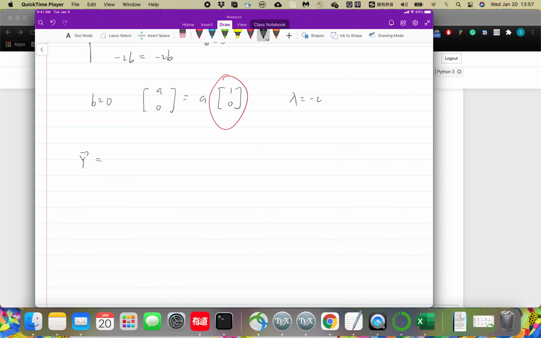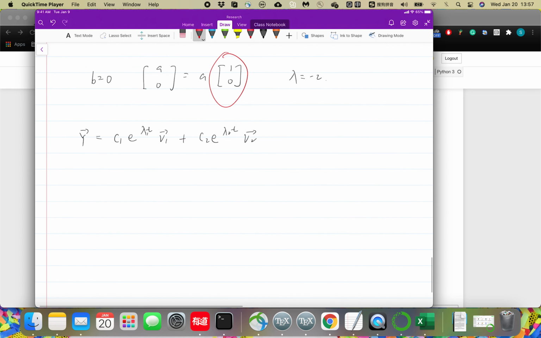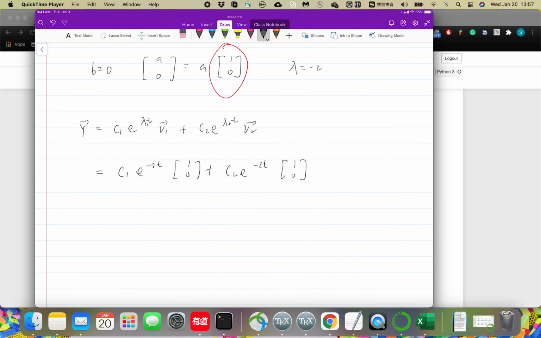But now the next thing becomes trouble because you want this. All right. And if you continue, you have C1 e to the negative 2t times (1, 0), plus C2 e to the negative 2t times (1, 0), because they have the same eigenvalue. Of course, they have the same eigenvector.